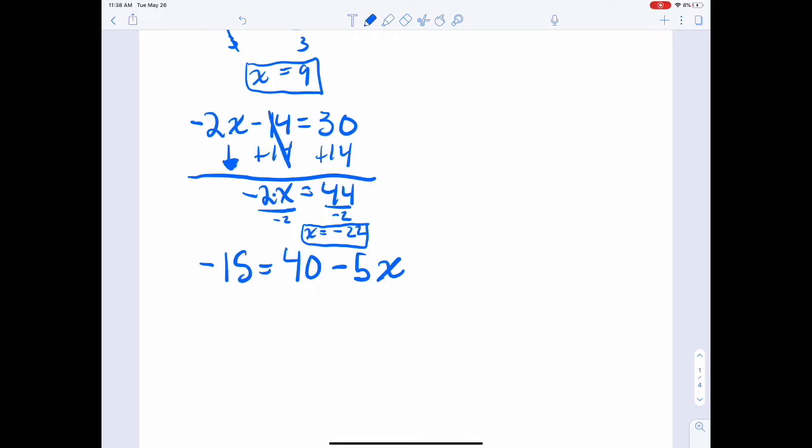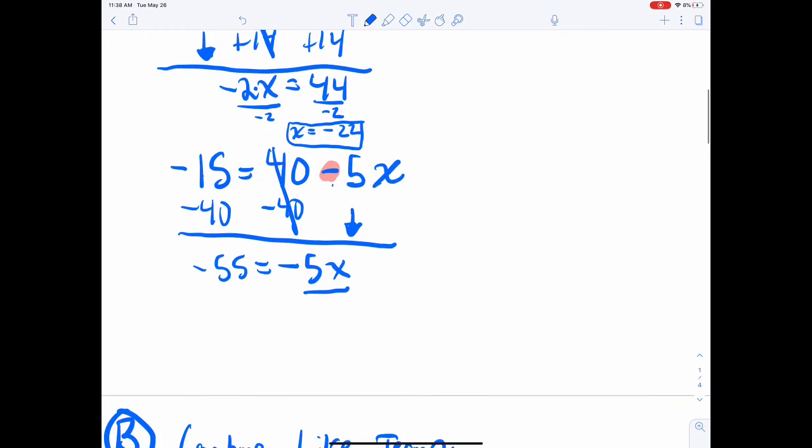So we're going to subtract 40, which you do to one side, you do to the other. You get negative 55 over here equals, bring down the negative 5x. That negative comes with it, and you should get, divide by negative 5, x equals 11.